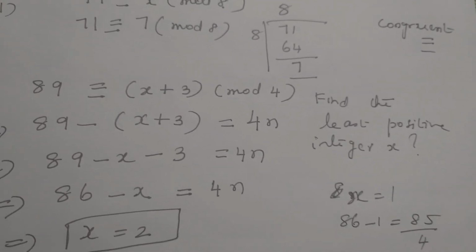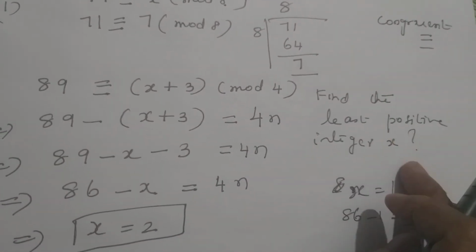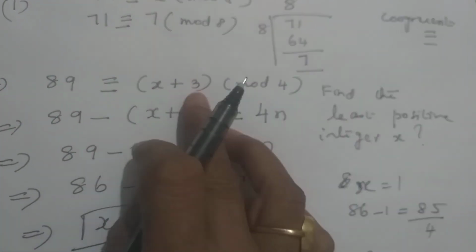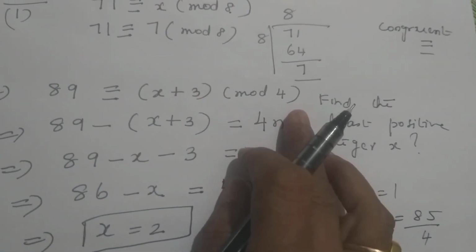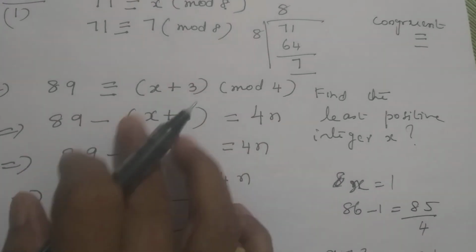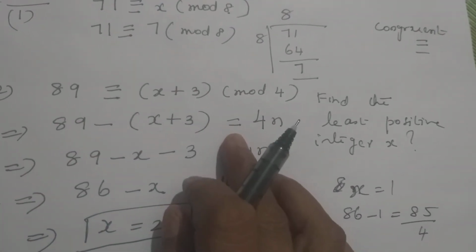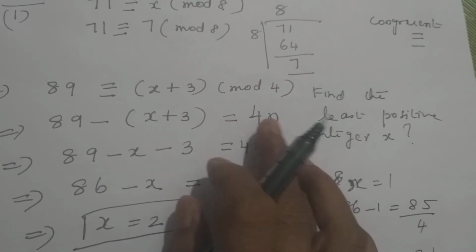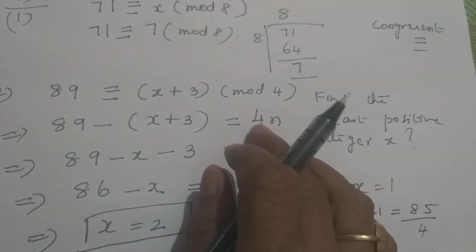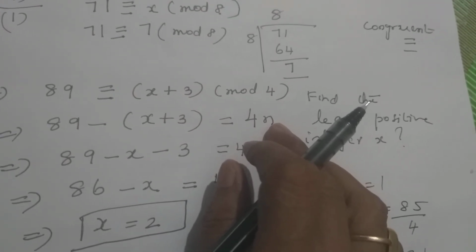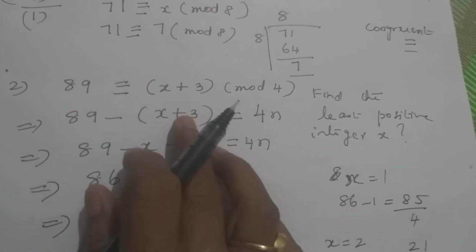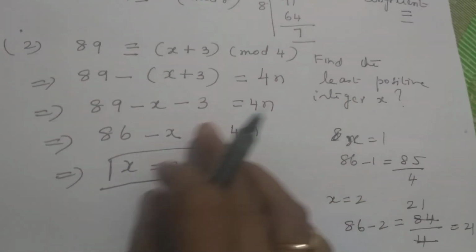Now you understand, children? Find the least positive integer value x such that 89 congruent to x plus 3 mod 4. So 89, bring it this side, x plus 3. Now we have to use only the equal to sign, 4n, because mod 4 means it is a multiple of 4 only. So 89 minus x, remove the bracket, plus into minus 3 equal to 4n.